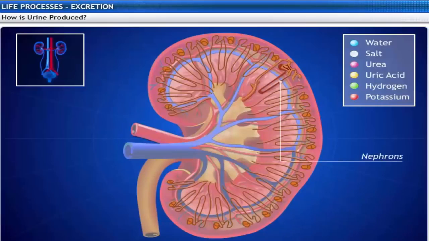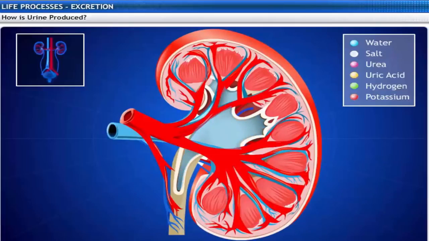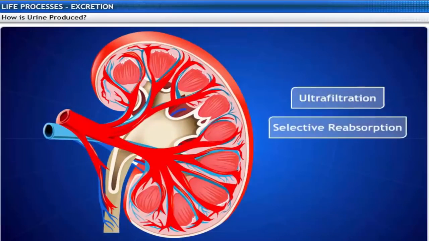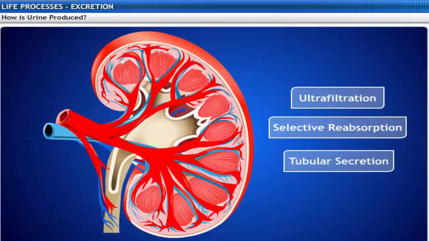These excretory products are removed by nephrons in the form of liquid called urine. The kidney performs 3 functions leading to urine formation: ultrafiltration, selective reabsorption, and tubular secretion.